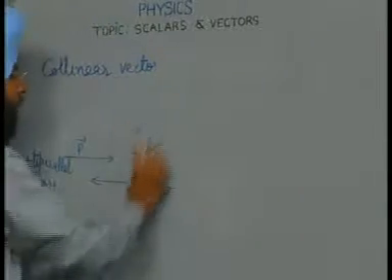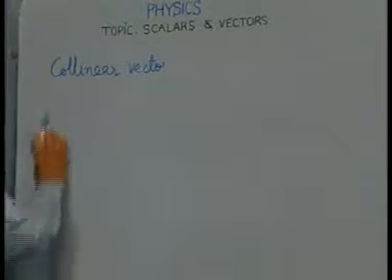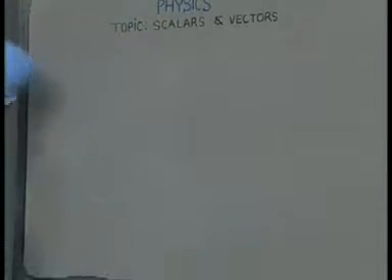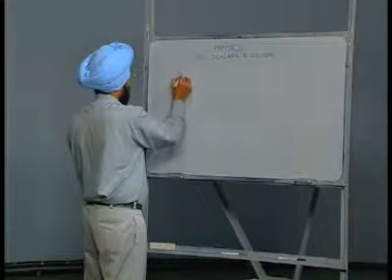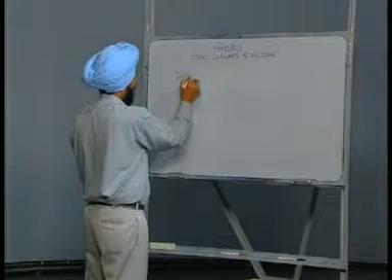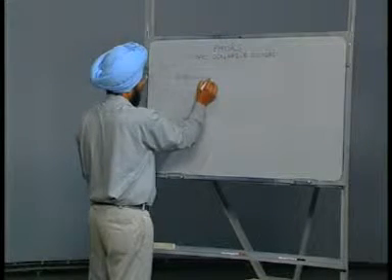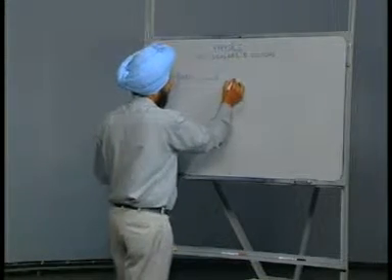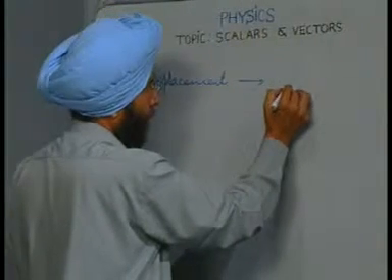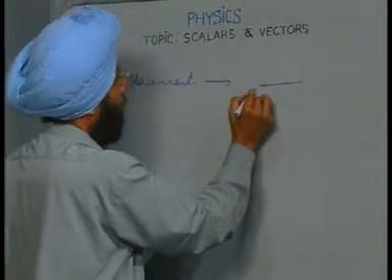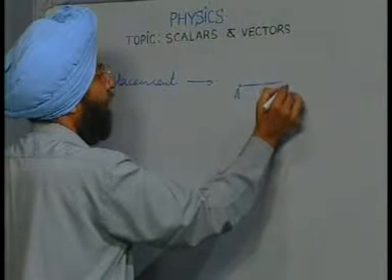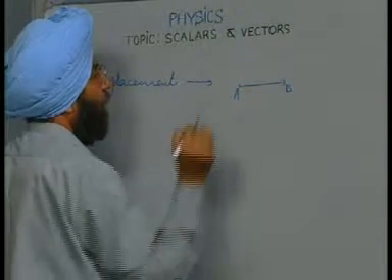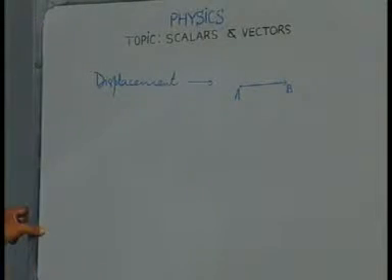As we have seen when we were discussing displacement, displacement is a vector starting from initial position, ending at the final position, and directed from initial to final position.